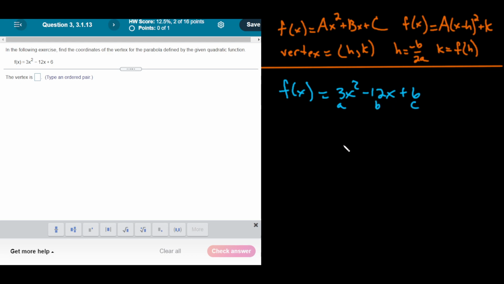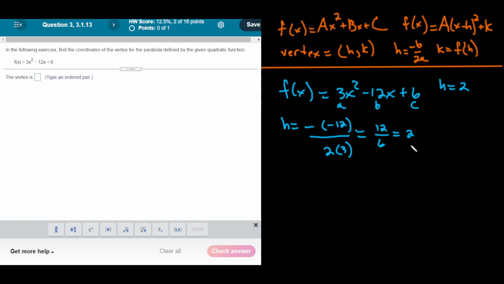To find your h, you do -b. Your b here is -12, so you keep the signs, divided by 2 times whatever your a is. Your a here is 3. We have a negative times a negative, which is a positive, so we get +12 on top. Down here, we have 2 times 3, which is 6, so we get 2. So your h is equal to 2.